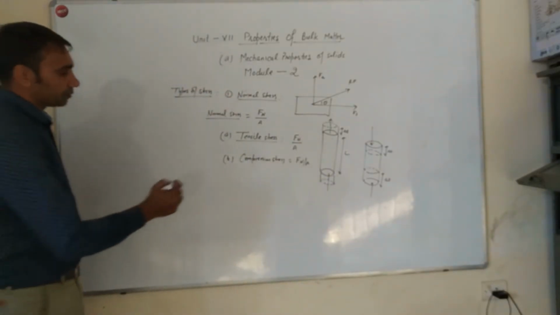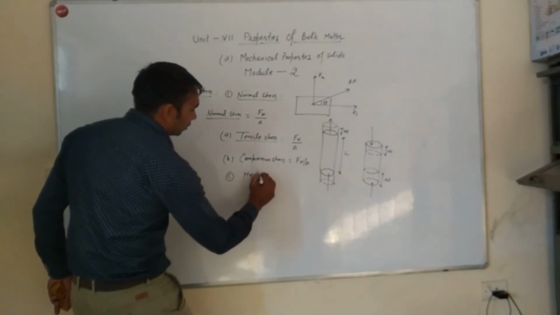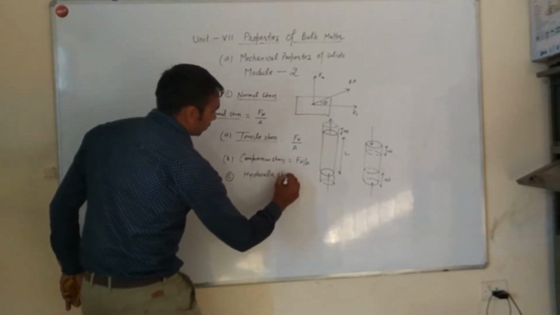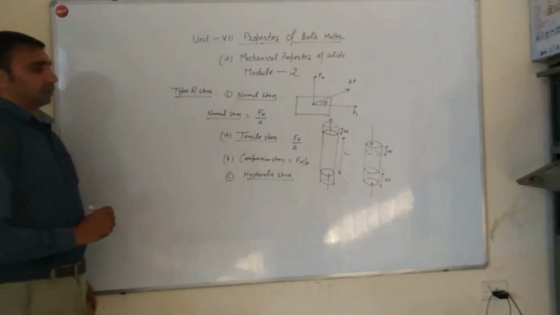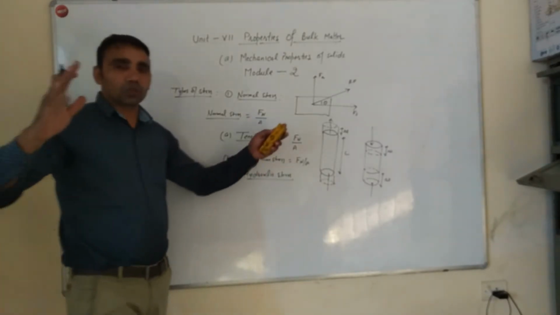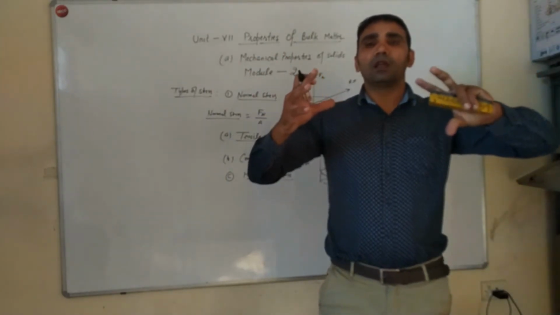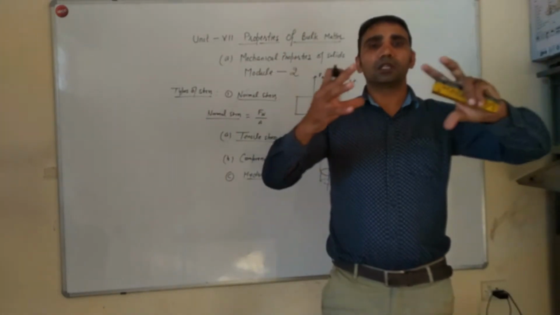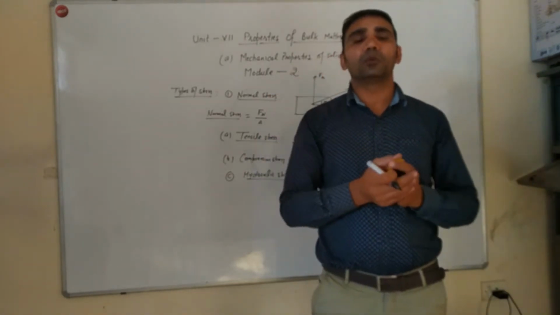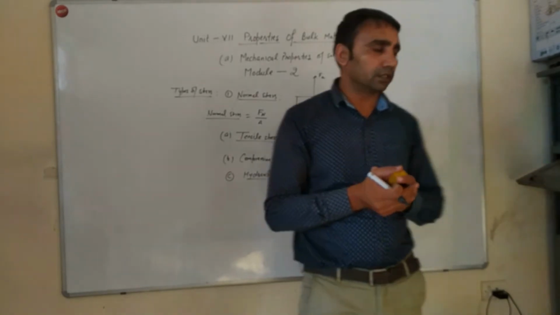The third one is hydraulic stress. In case of hydraulic stress, the force is applied on the body in such a way that the deformation takes place uniformly from all sides. The body deforms uniformly, and that type of stress is called hydraulic stress.